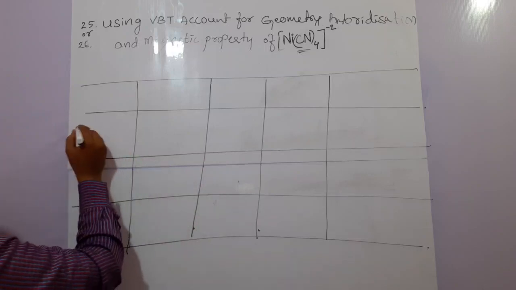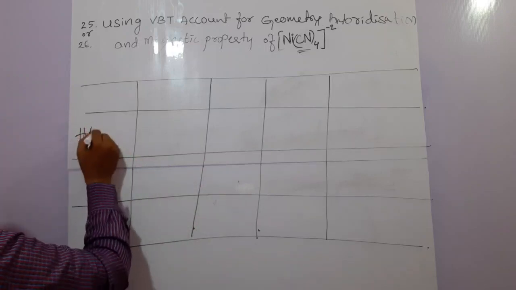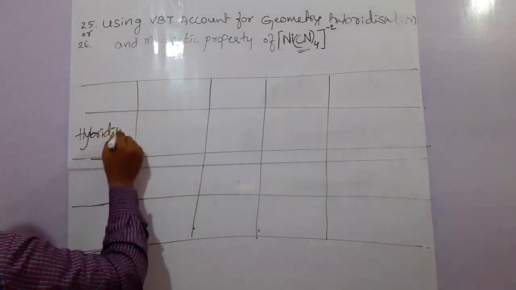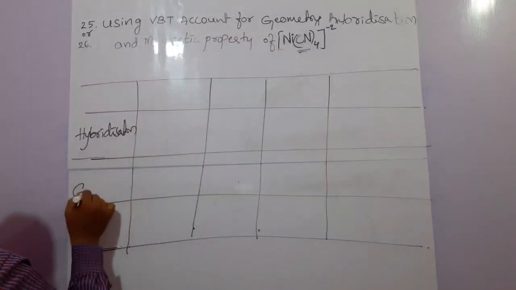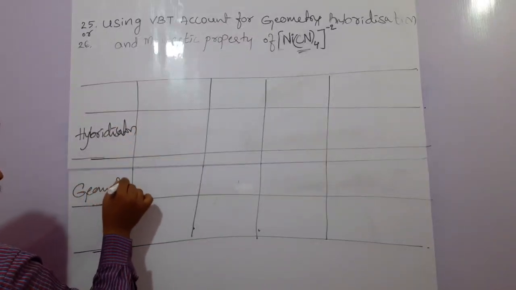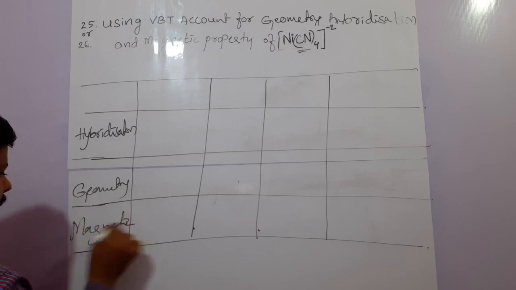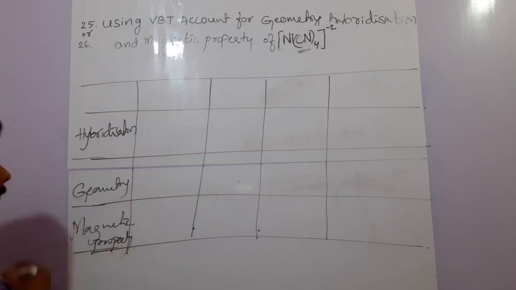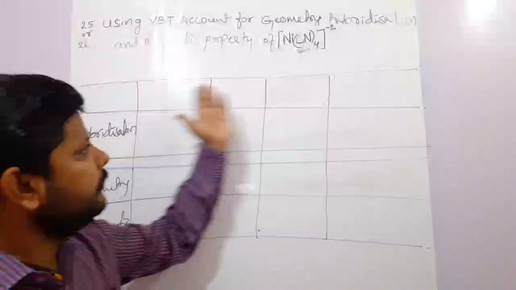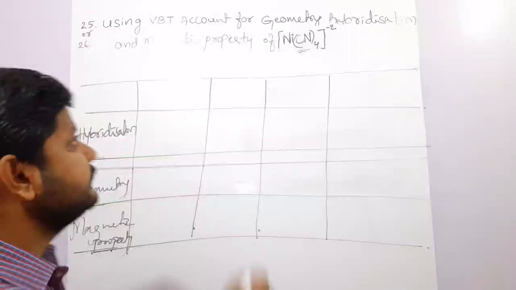First one will be the hybridization, then geometry, and here magnetic property. I'm writing quickly to save time. You write properly.